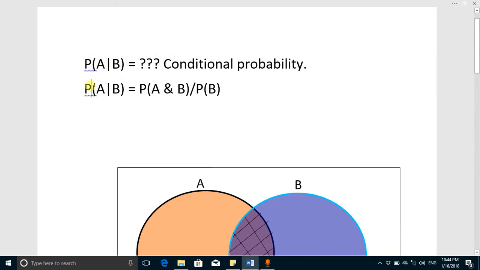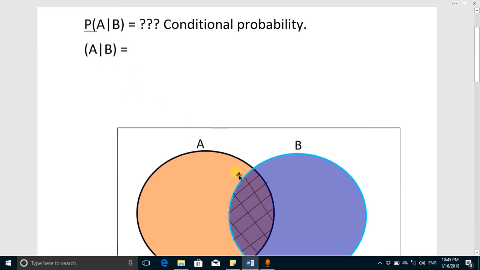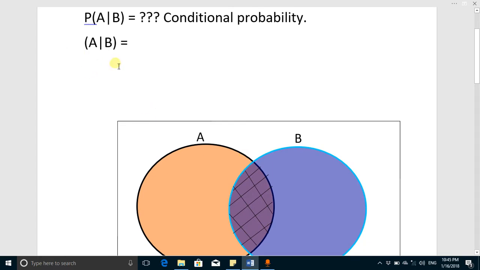So if I remove P from here, and we just analyze this equation, let me delete this as well. If we have to find A given B, what does it mean? It means we are trying to find A given we have already B. So this Venn diagram can explain this notion very well.